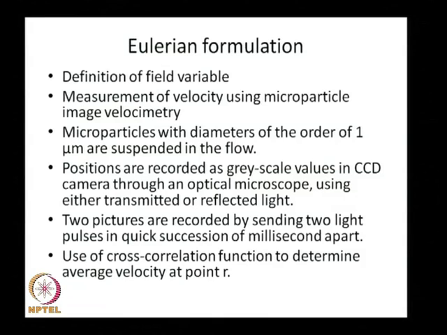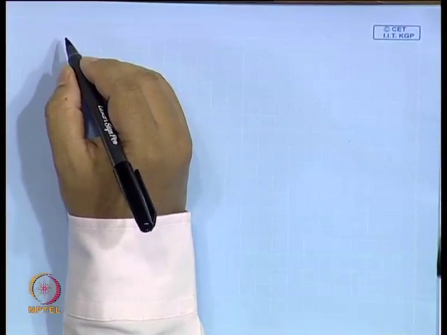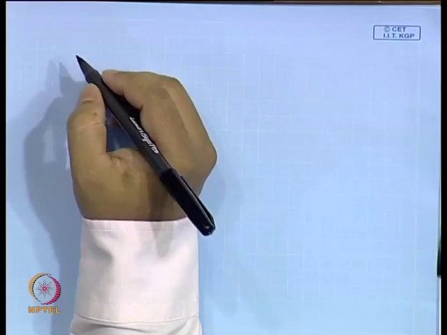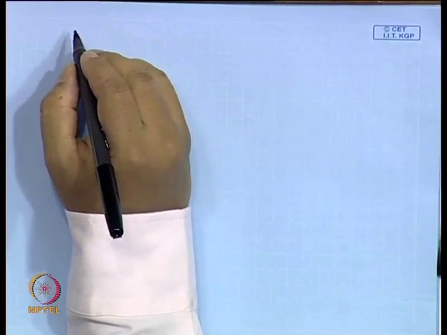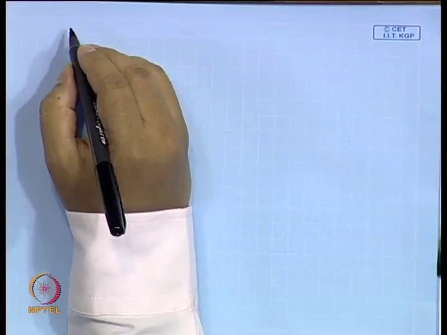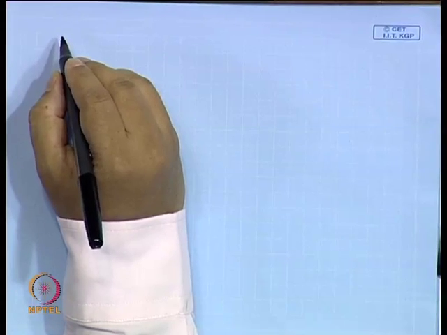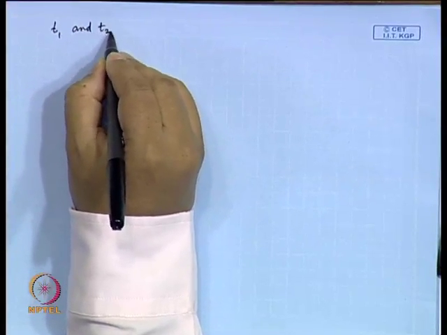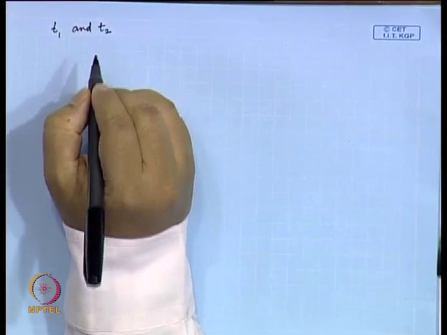How is it done? In a CCD camera, the positions are recorded as grayscale values. Say the two light pulses are in quick succession, at times t1 and t2. At time t1 there is a light pulse, and at time t2 there is another pulse.